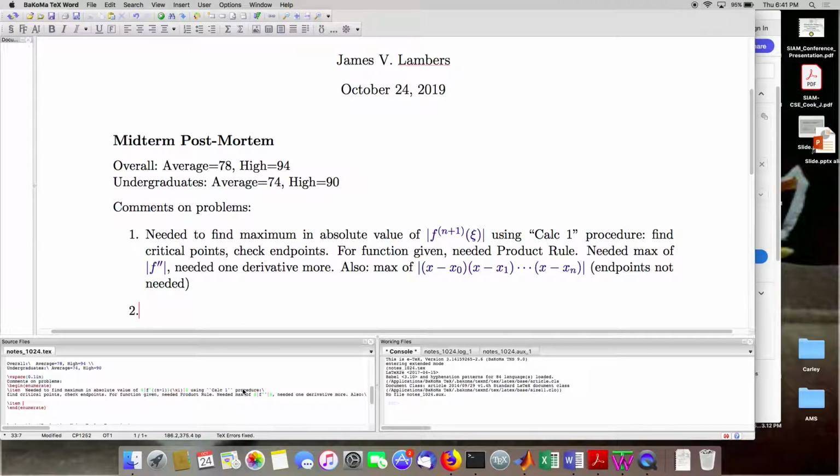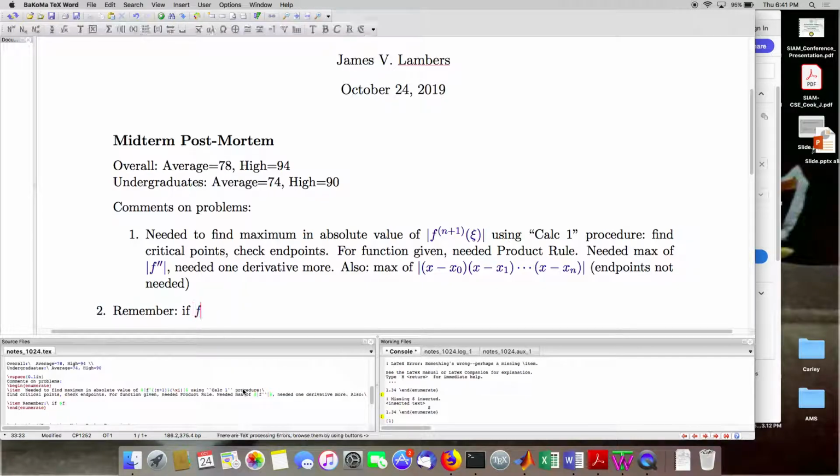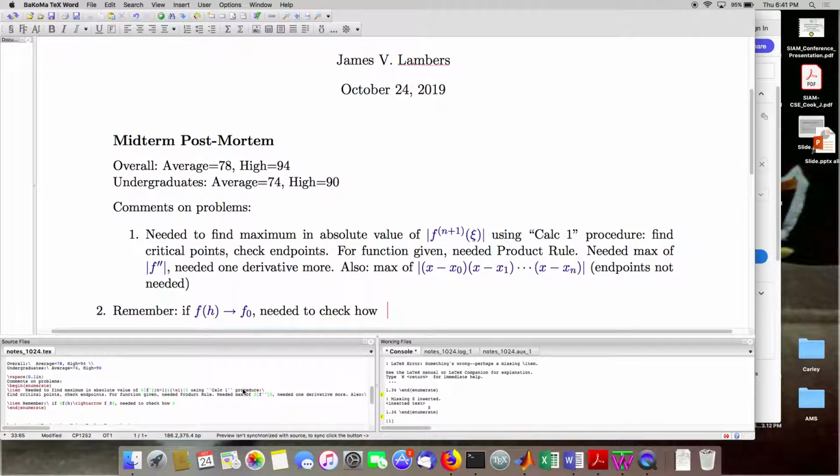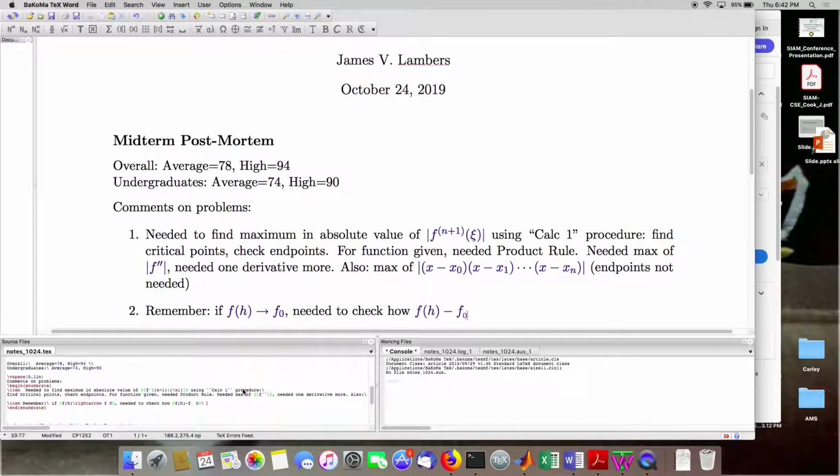Problem 2 was the one about convergence. If your function f of h converges to some limit f naught, and in this case the limit itself was given, you need to check how the difference, f of h minus f naught, goes to 0.